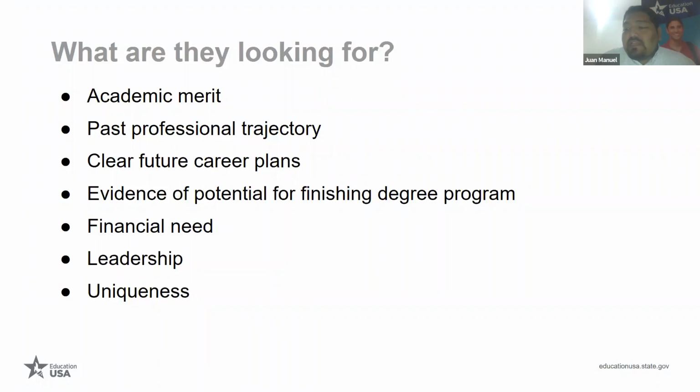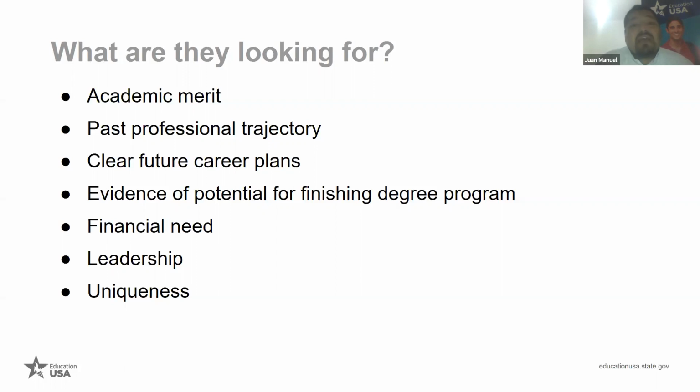One of the first things is that they are looking into academic merit. What does that mean? Well, we can understand that basically as good grades. But not only good grades, they're looking at specific things that make you academically focused, academically outstanding.